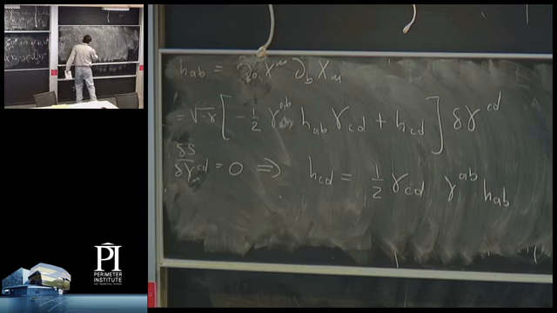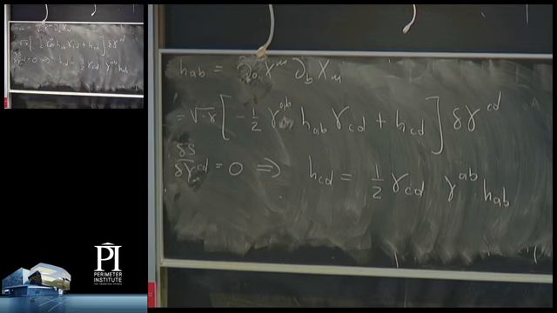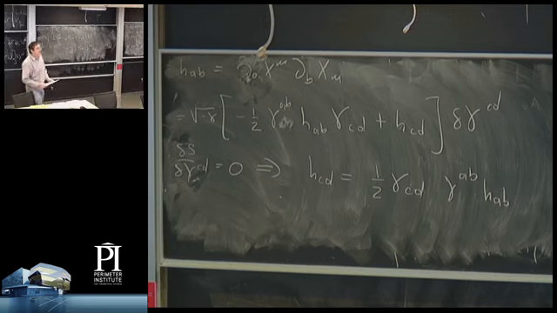So I have h_CD must be equal to 1/2 gamma_CD times gamma^AB h_AB. All right, you with me, guys? Good. So I have this condition, and that's enough to see that the Polyakov action is the same as the Nambu-Goto action.